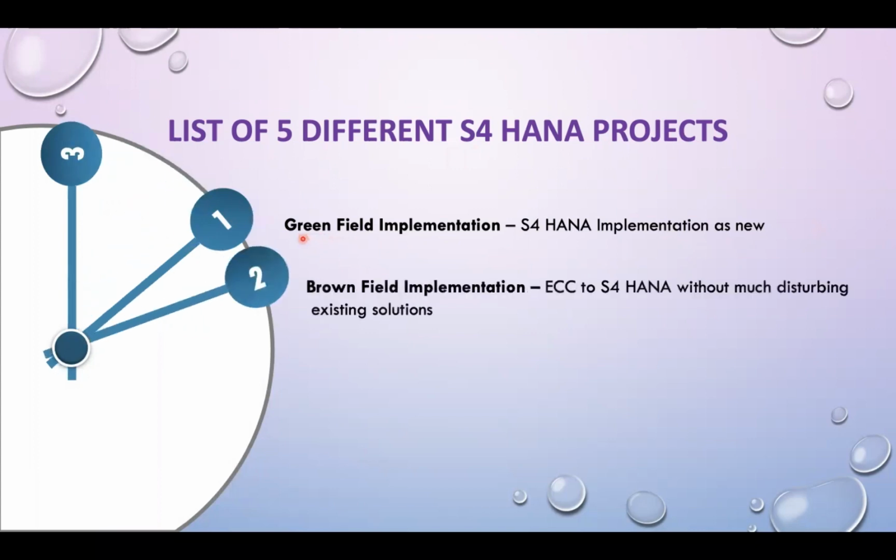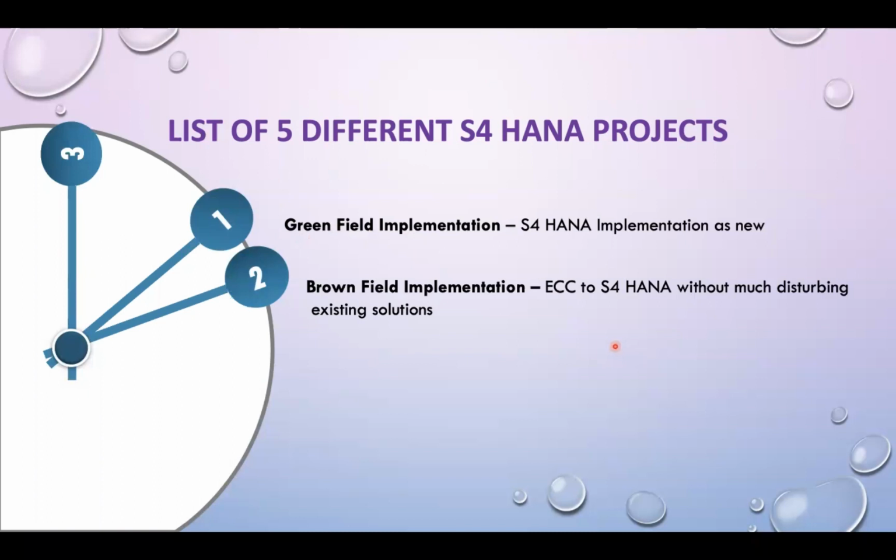The second one is the brownfield implementation. I think many of you are working on it, and you are going to get many opportunities. Most of the opportunities can be from brownfield implementation. Brownfield implementation means a company implemented ECC in 2010 or 2005 or 2015 or whenever, and they want to migrate to S4 HANA.